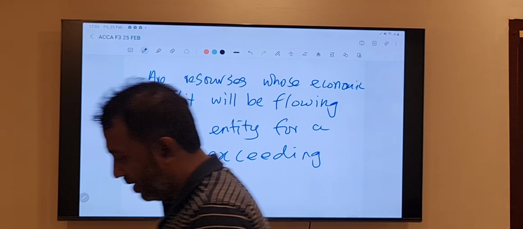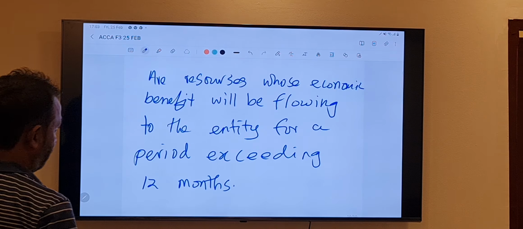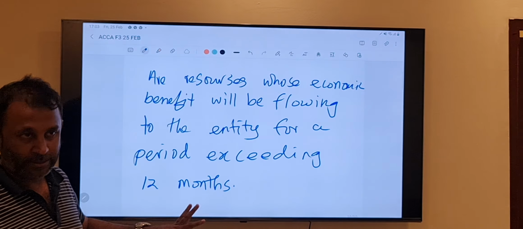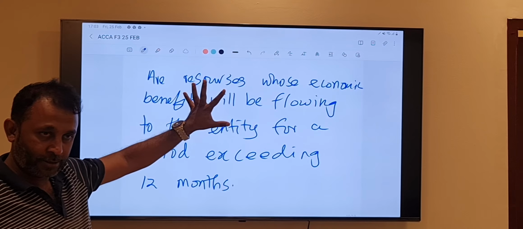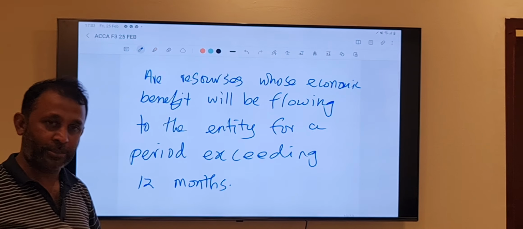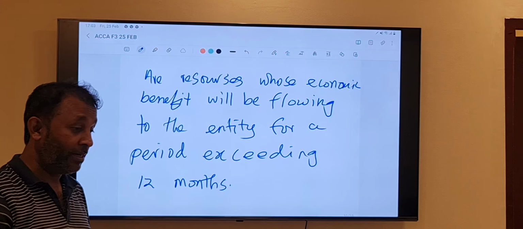So this is what you call non-current assets. These are resources belonging to the business, but the economic benefit.